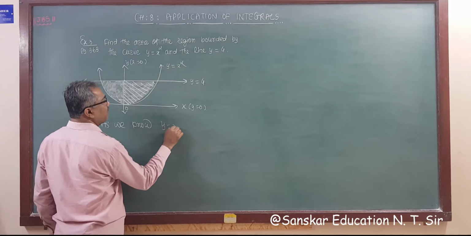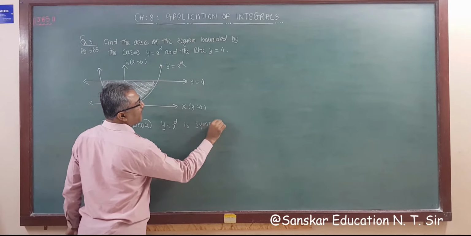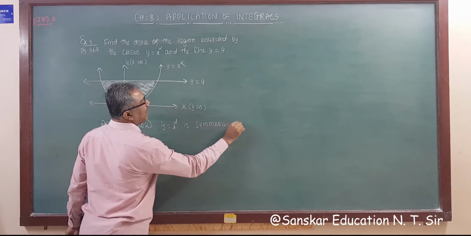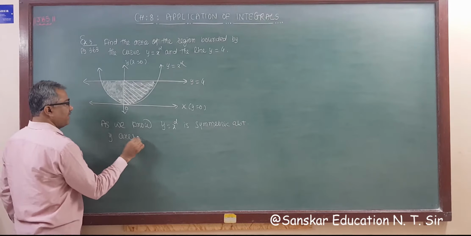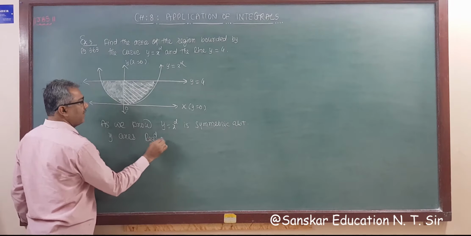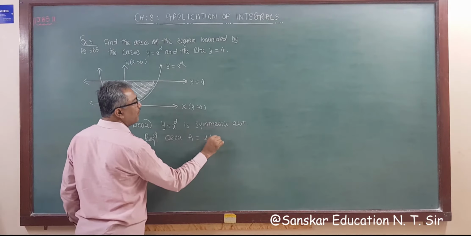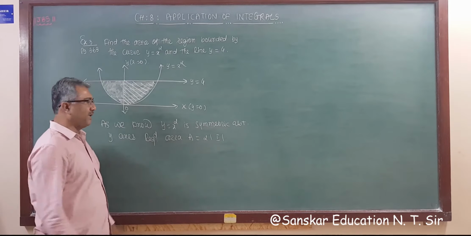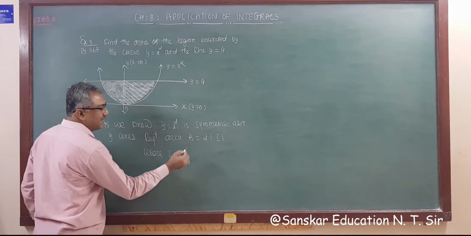As we know, y is equal to x square is symmetric about the y-axis. Required area A is equal to 2 mod I, where I is equal to integration.